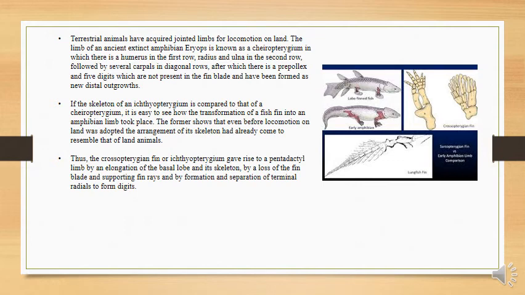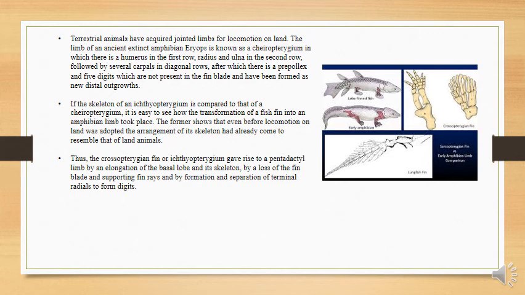The limb of an ancient extinct amphibian, Rhipidistian-derived Eryops, is known as cheiropterygium, in which there is a humerus in the first row, radius and ulna in the second row, followed by several carpals in diagonal rows, after which there is a prepollex and 5 digits which are not present in the fin blade and have been formed as new distal outgrowths.